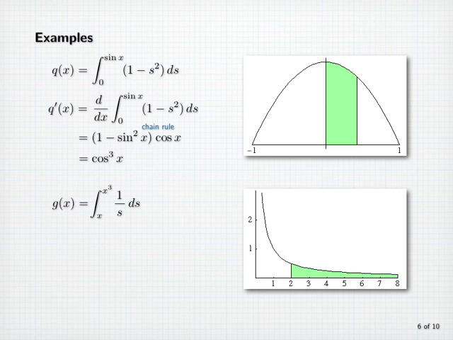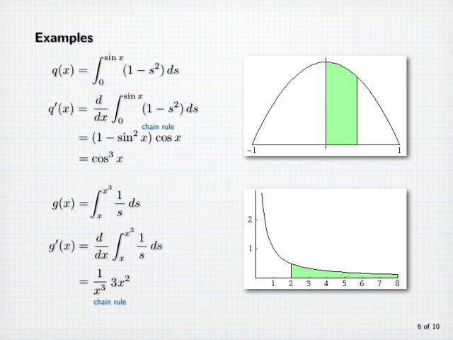Now what's the derivative of this function? We imagine this integral broken up into two pieces. The first being the integral from some fixed number to x cubed, and the second being minus the integral from that fixed number to x. The derivative of the first term will be 1 over x cubed, that is, we substitute x cubed into the integrand, and then multiply by the derivative of x cubed, which is 3x squared.